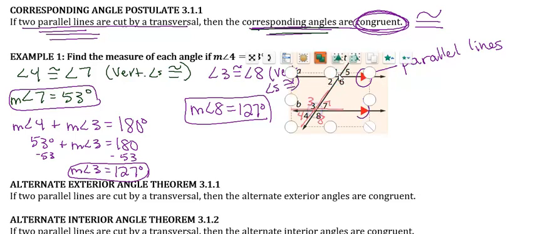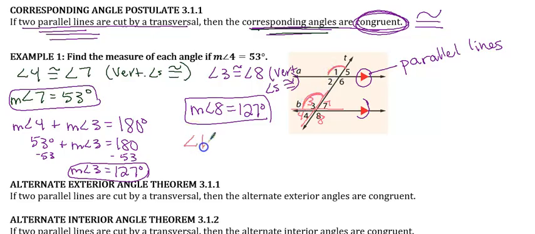Okay, the angle on the top left here, got to get rid of all these extra marks, is angle 1. That corresponds to angle 3. So angle 1 is congruent to angle 3 because they're corresponding.